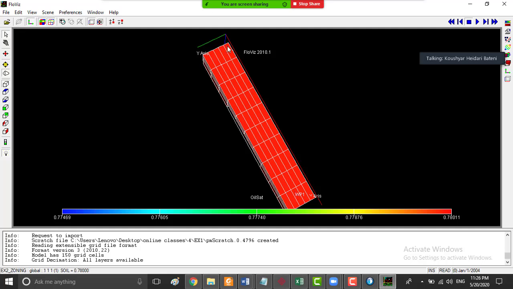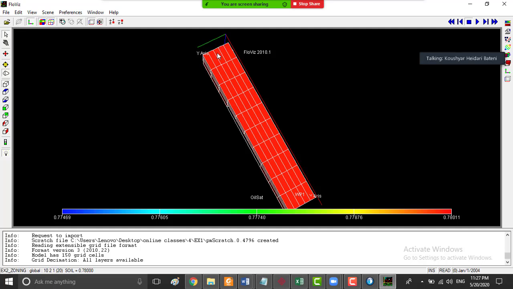So guys, pay attention to the screen. This cell is going to be our first cell, the cell that I'm pointing at. And this cell is going to be our 10th cell, because we have 10 cells in the x direction. This cell is going to be our 11th cell. This cell is going to be our 20th cell.